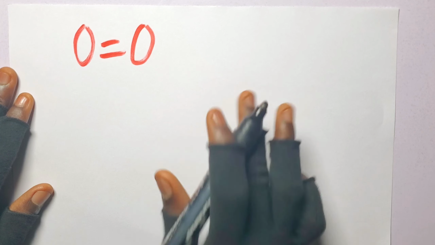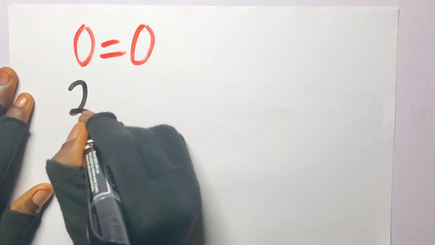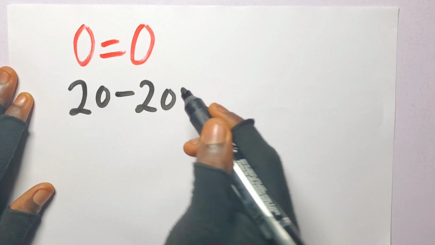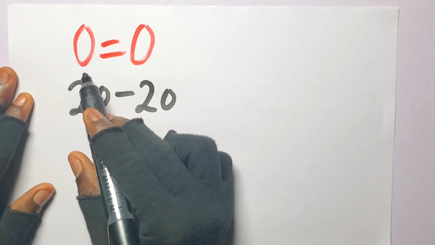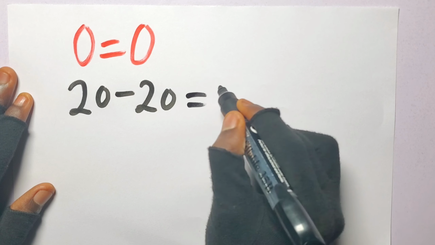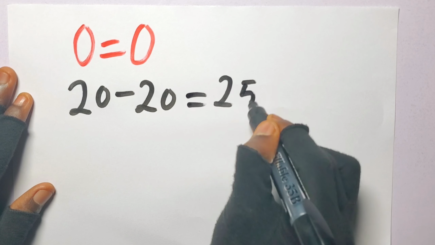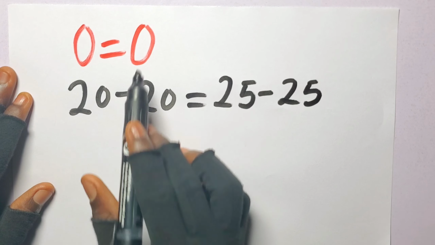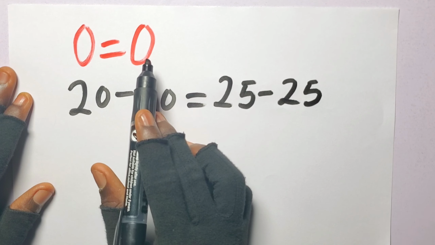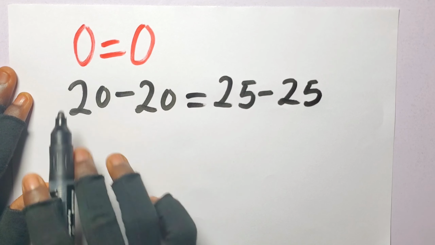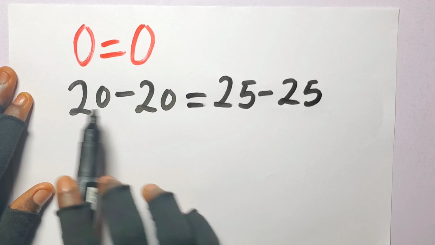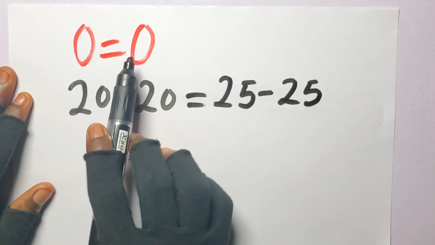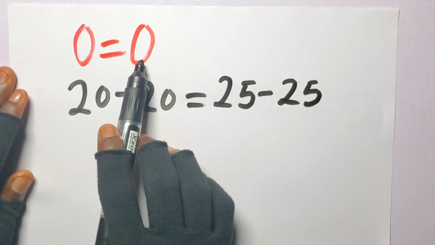Now, since 20 minus 20 is equal to 0, and 25 minus 25 is also equal to 0, we can write it exactly like this. 20 minus 20 is 0. 25 minus 25 is equal to 0.